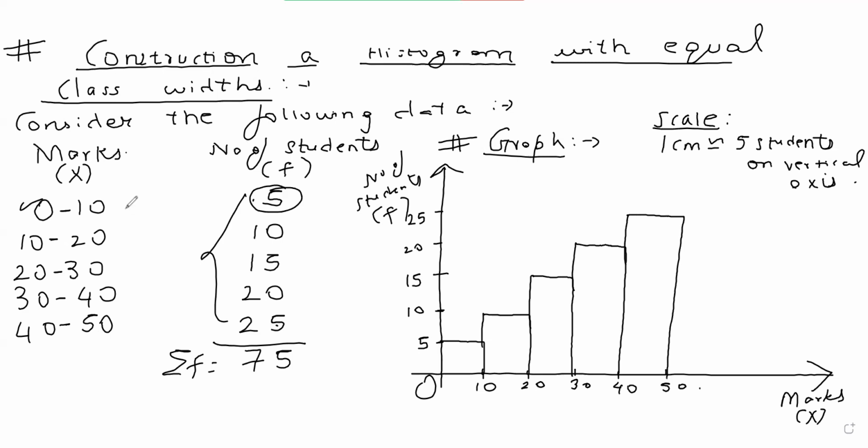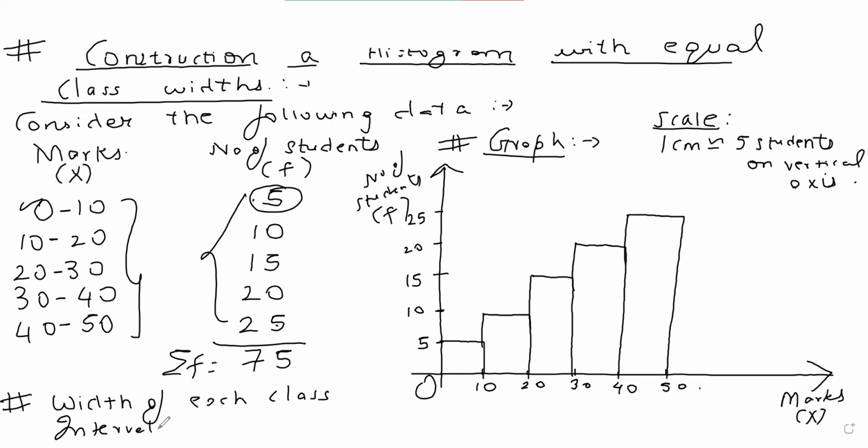And in this particular case, all my class intervals had equal width. The width of each class interval was how much? The width of each class interval is equal to the upper limit, which I call L2, minus the lower limit of the class, which I call L1.